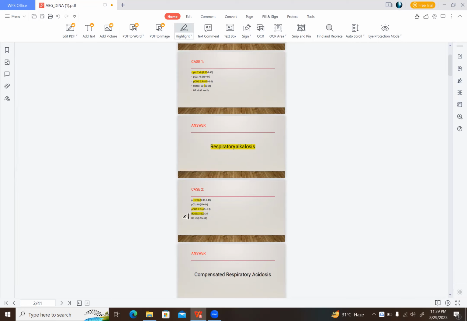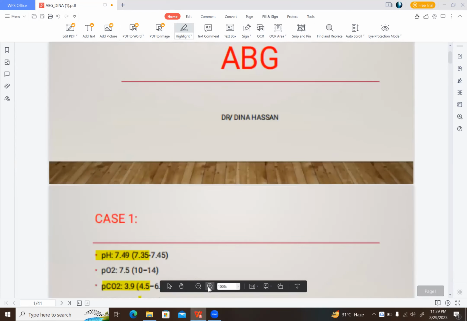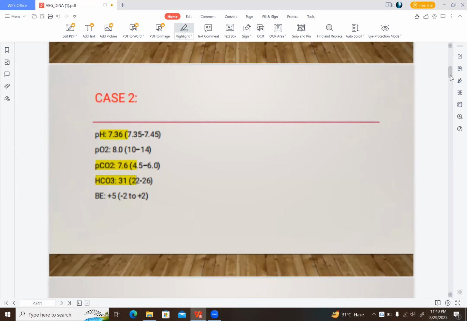What is this? pH is normal. You can plot it. You guys tell me what is this? Look. 7.36. It is going towards which side? Acidotic side.